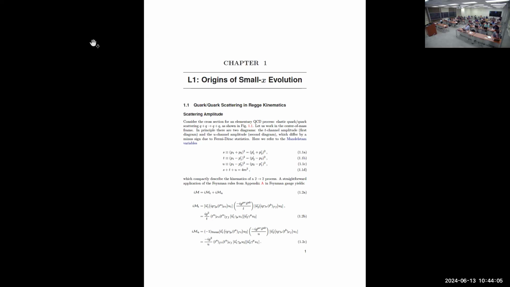Let's say at this vertex, the gluon has color a, then this is T^a. Final color is i prime, initial color was i. So I'm talking about a very specific element of that matrix. So this is T^a i prime i, gamma mu.